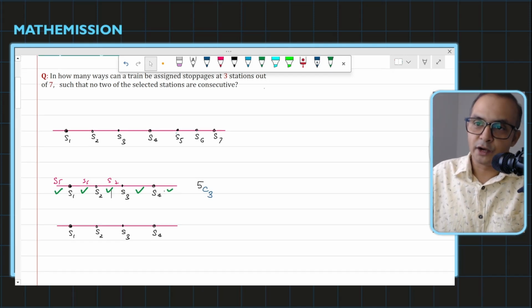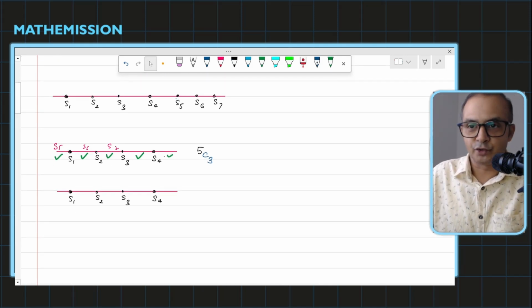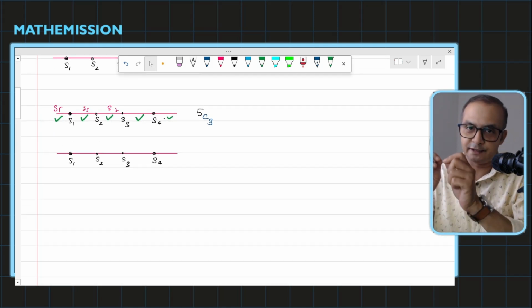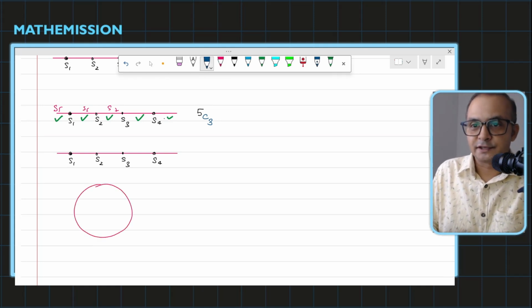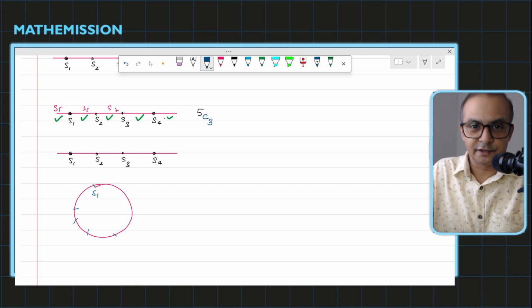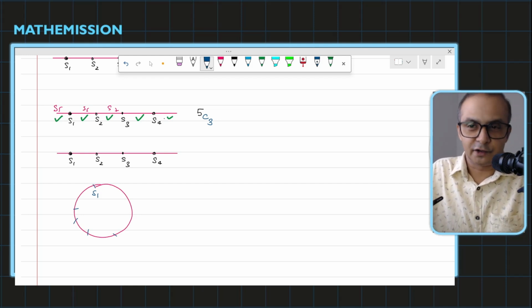But suppose I want to transform it into the circular one. Now the question says that I have 7 stations arranged in a circle and the train can stop at any 3 stations, but no 2 stations are consecutive.